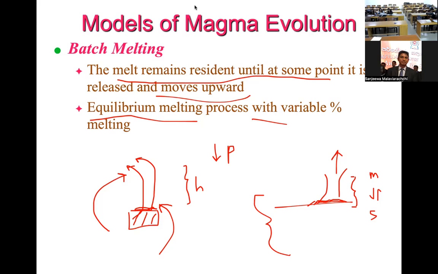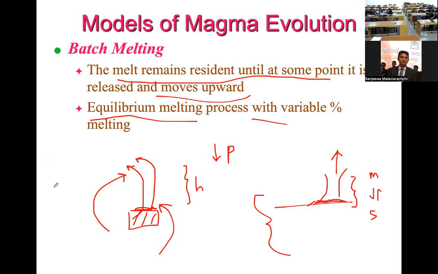So it's not easy to model these processes, because many other processes are taking place within this melting region. If only batch melting were there, it would be very simple. But there are so many other processes.